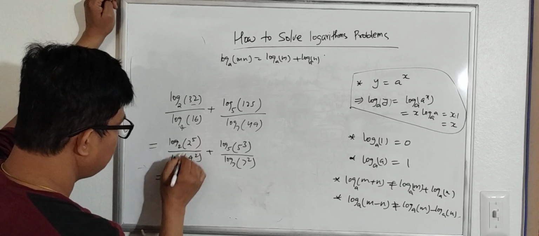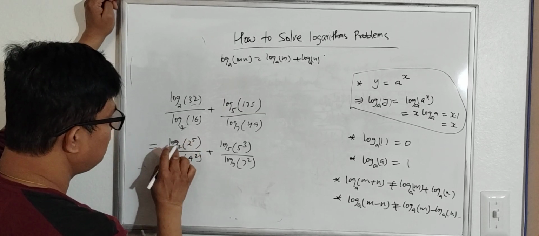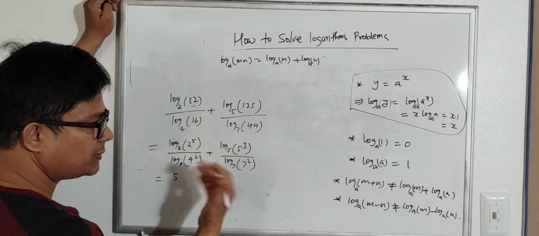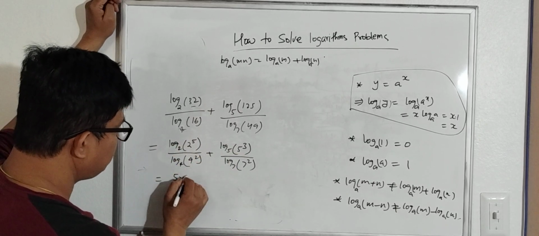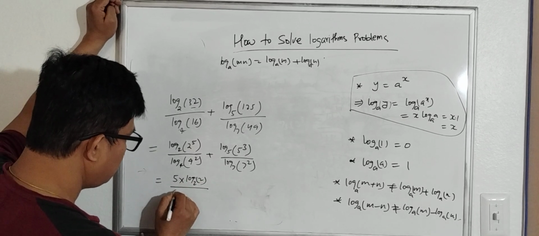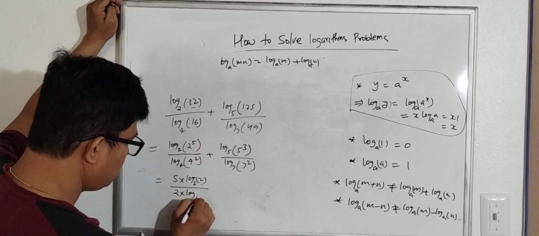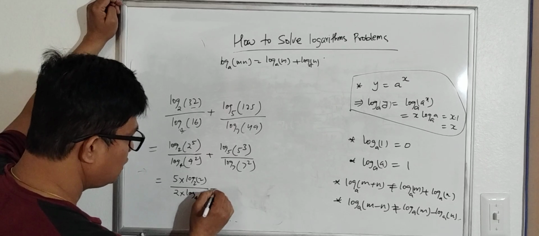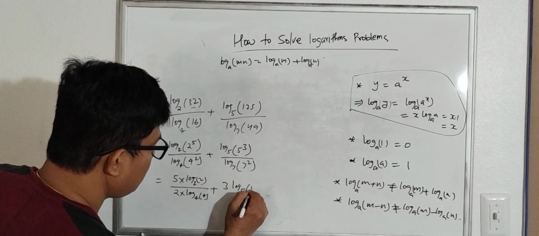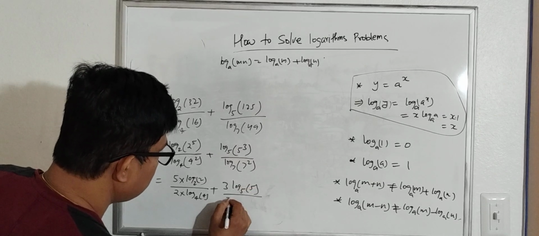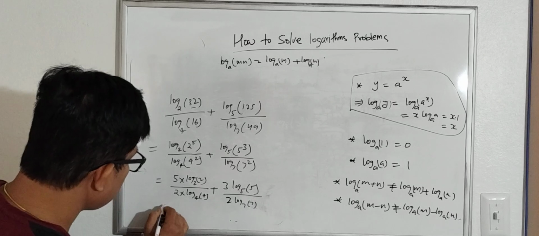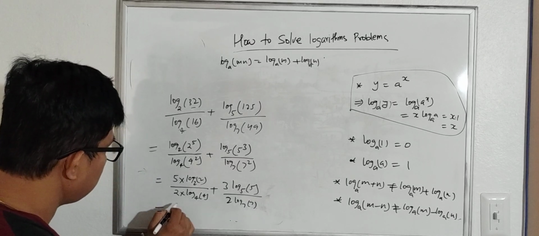Now see, it's so simple. I will use this formula you remember: log of a to the power x is x times log of a. So 5 times log of 2 divided by 1 times log of 2, plus 2 times log of 4 divided by 2 times log of 4, plus 3 times log of 5 divided by 3 times log of 5, and so on.